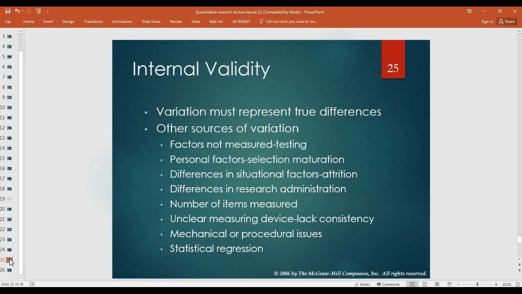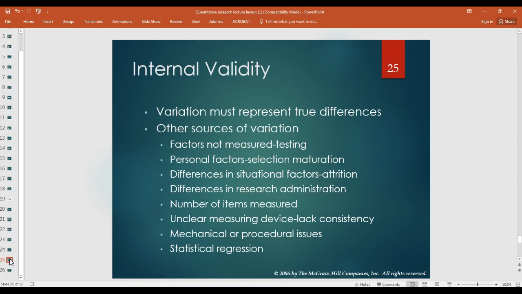Maybe the test you gave them in the pre-test, students know it by now, but then when you go to the post-test, they do better just because they are familiar with the questions now from the pretest. So this is a factor that is not measured, and it could be influencing the internal validity of your measurement at the end. Personal factors, selection of maturation.